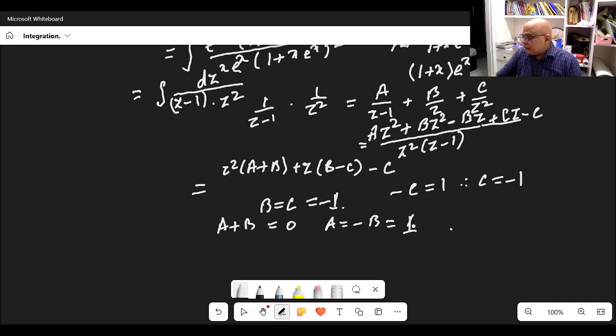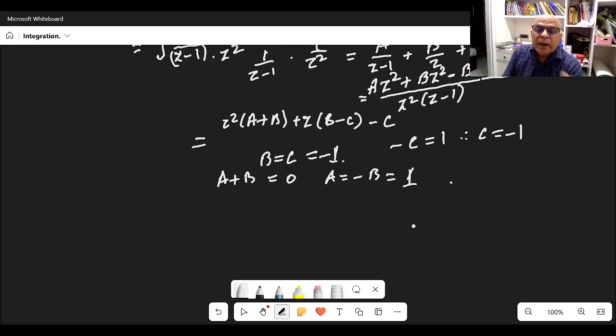Now put these values in the partial fraction. We have A by (z minus 1). So our integral will become, just put the integral sign, then A by (z minus 1), A is already 1, so 1 by (z minus 1) plus, now coming to B by z, B is minus 1, so minus 1 by z.